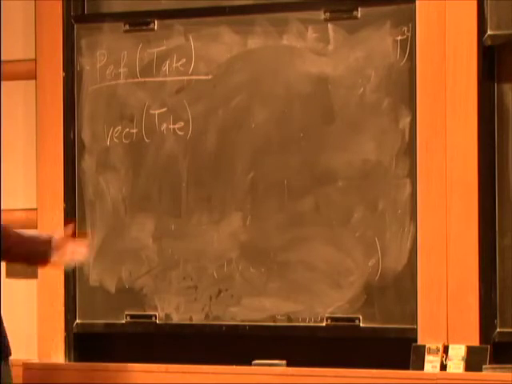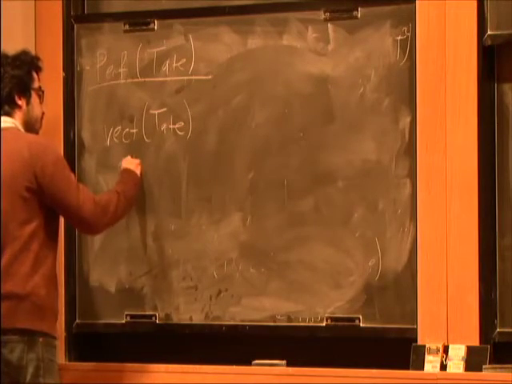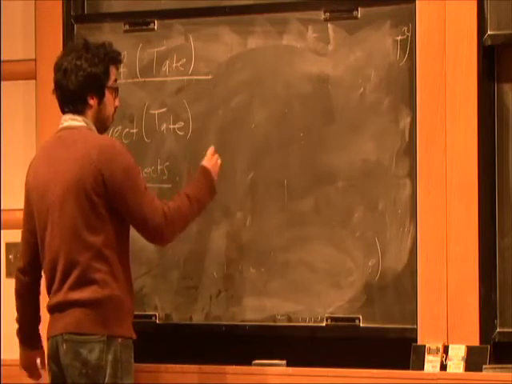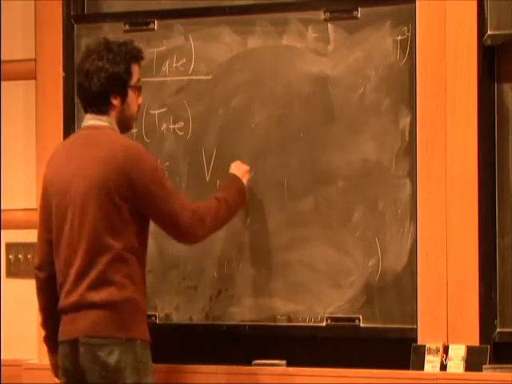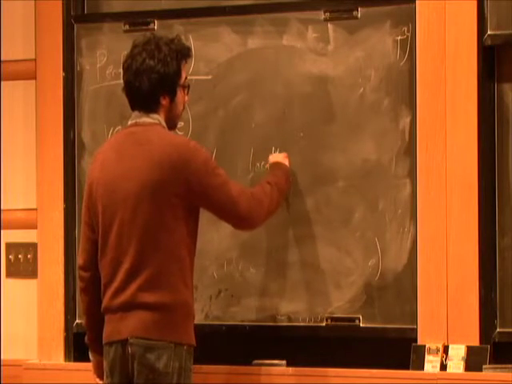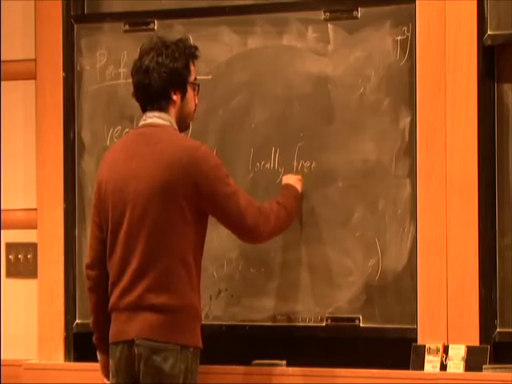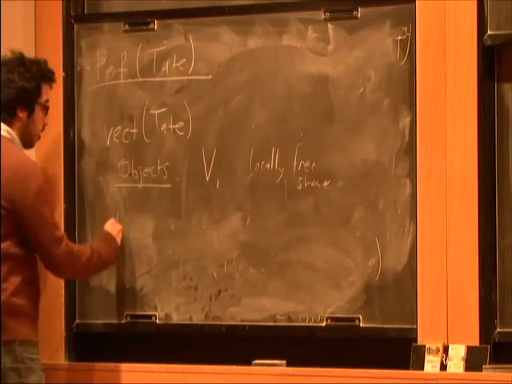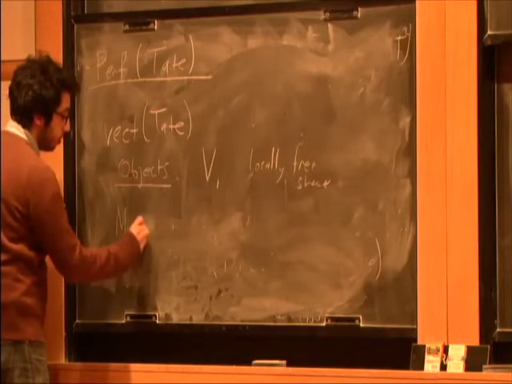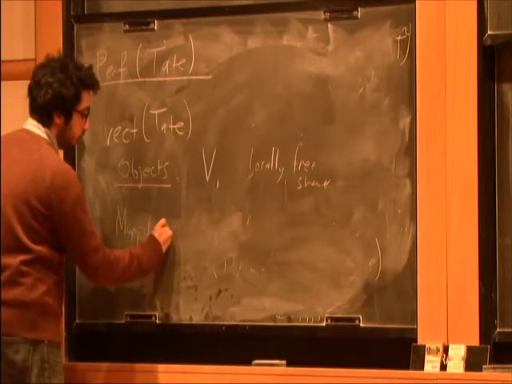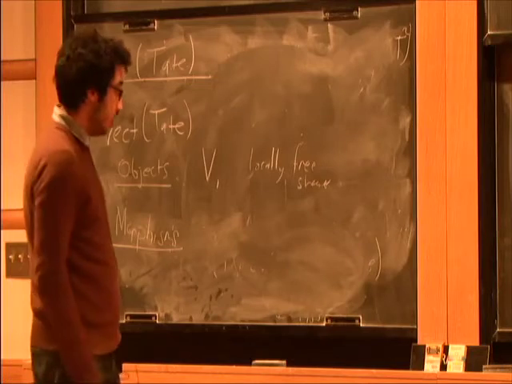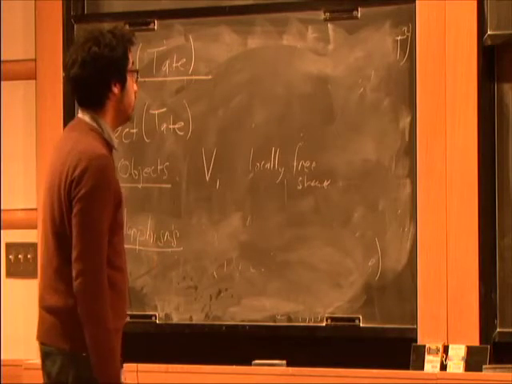So the objects here are vector bundles, so locally free sheaves if you want. And then for the morphisms, I would like to have a chain level structure. So one common thing to do is to consider Čech cohomology.